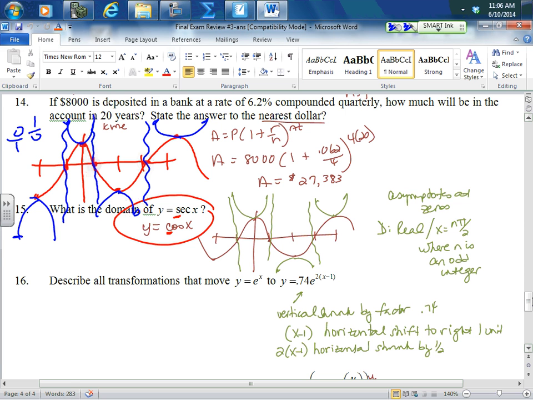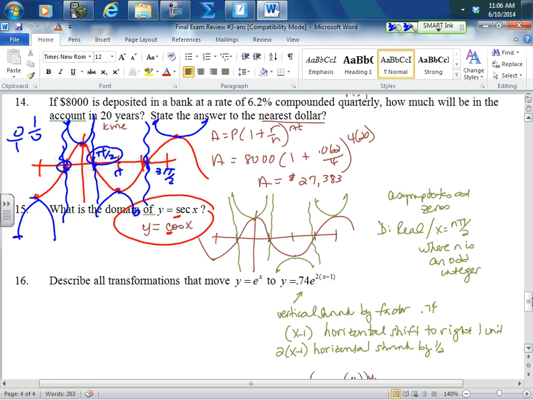If I want to know what is the domain for this, I can use everything but where my asymptotes are. Just take a look at them first. This is 90, -90. What's this value over here? That's 180 in the middle. 270. So let's put these in radians. This is pi over 2. What's this guy? 3 pi over 2, because this is 1 pi over 2, 2 pi over 2, which is pi, 3 pi over 2.